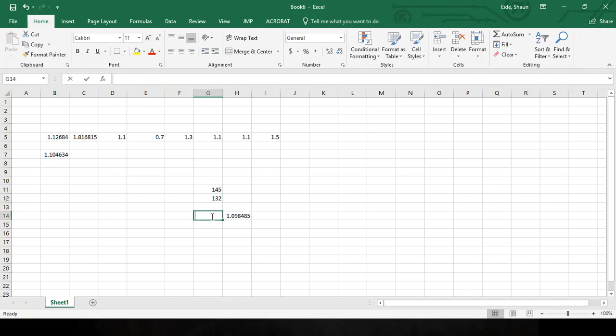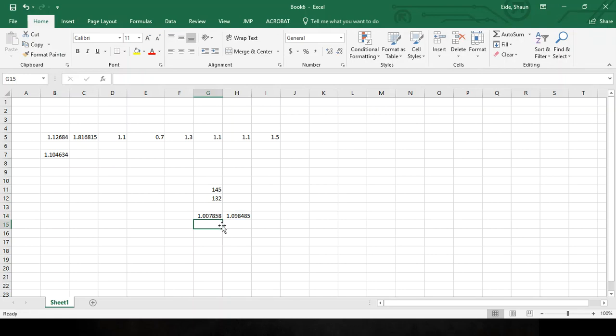And the way that you do that, once again, is equals, raised to the 0.1, multiplied by 10 divided by 12.